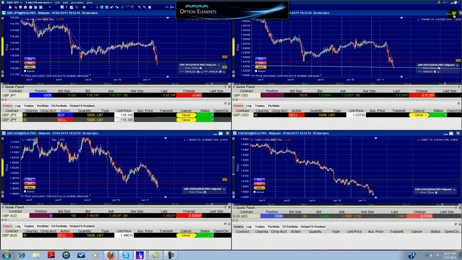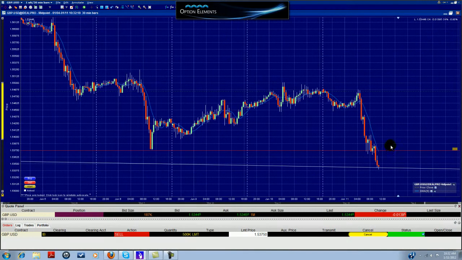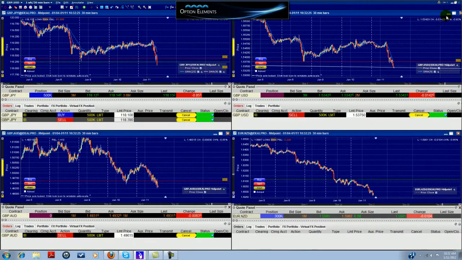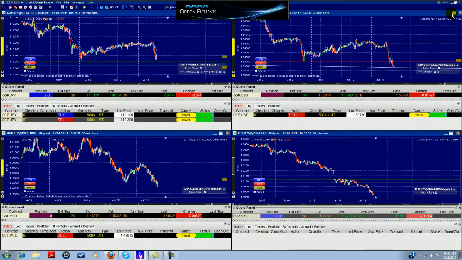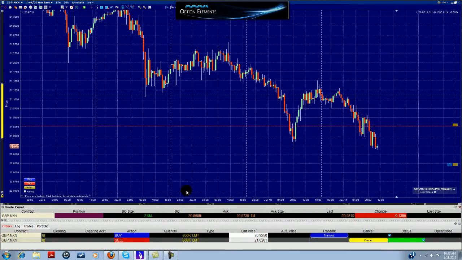Meanwhile, we still have our sell order in here in the British pound USD. Didn't get filled on it. And we've got a sell order in on the British pound Australian dollar up here. Got close to it, but no cigar. And our Mexican peso, still messing around.